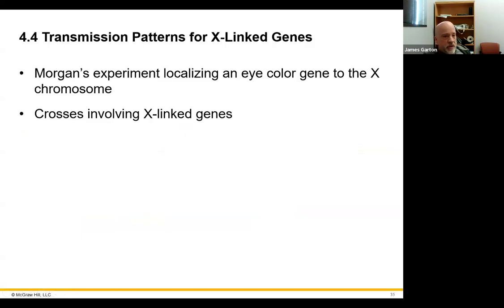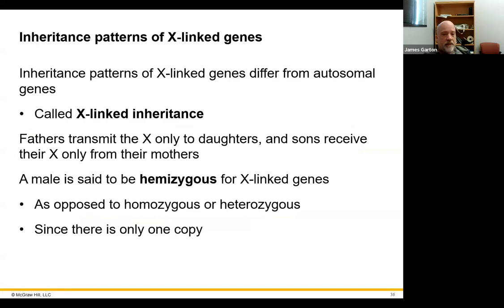Now, the earliest experiment that showed the existence of genes on the X chromosome was done by T.H. Morgan's lab back in the 1920s and 30s. And the story is, T.H. Morgan was working with Drosophila, and he was interested in finding mutants.